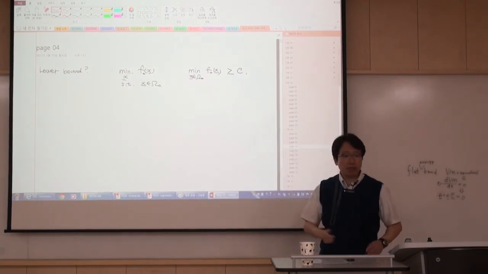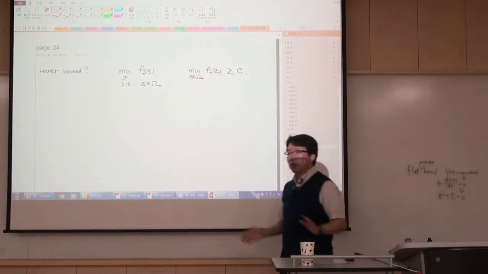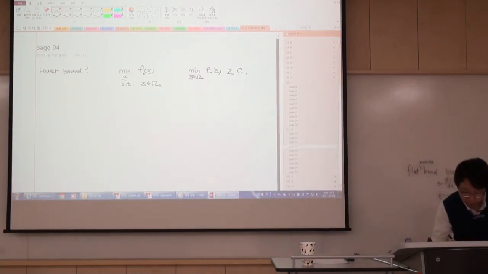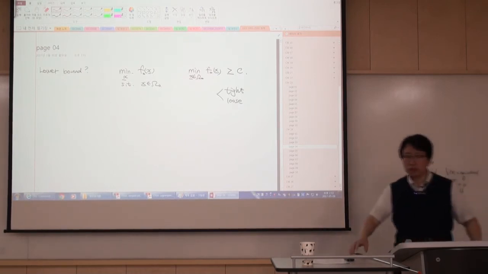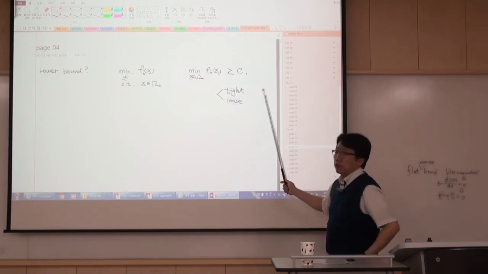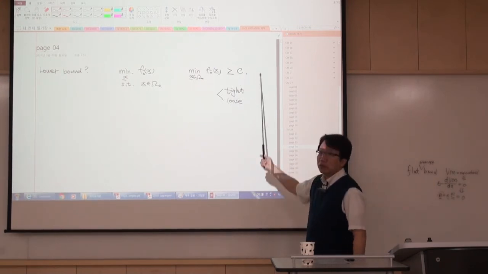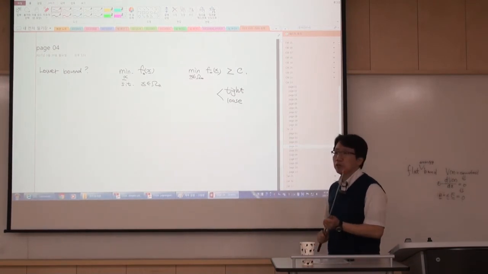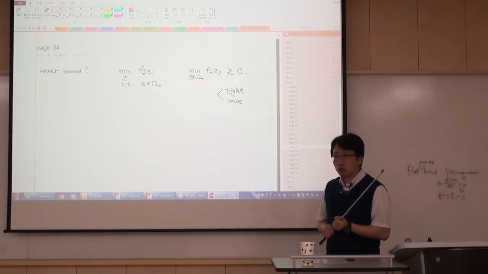Then what happens? Actually, depending on how tight or loose, you need to keep these two terminologies in your mind, but depending on how tight this lower bound is, it may be very, very useful or sometimes totally useless.